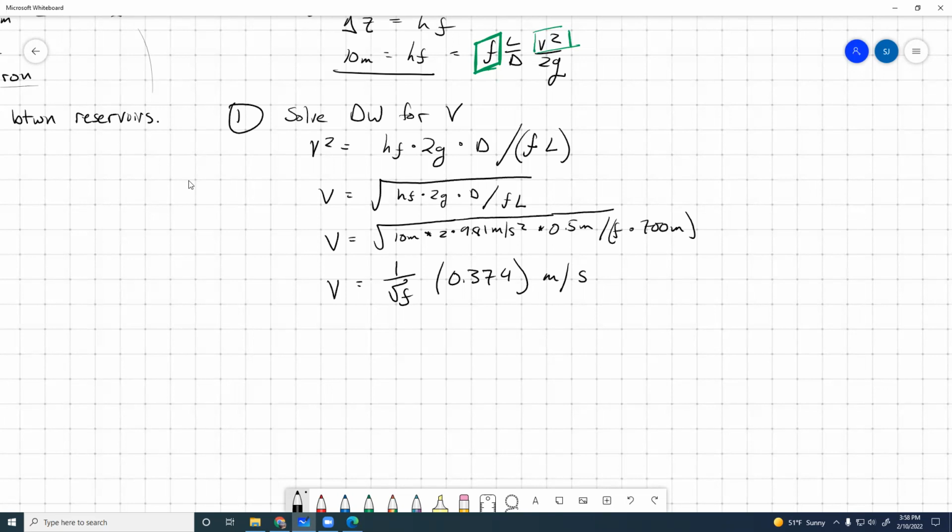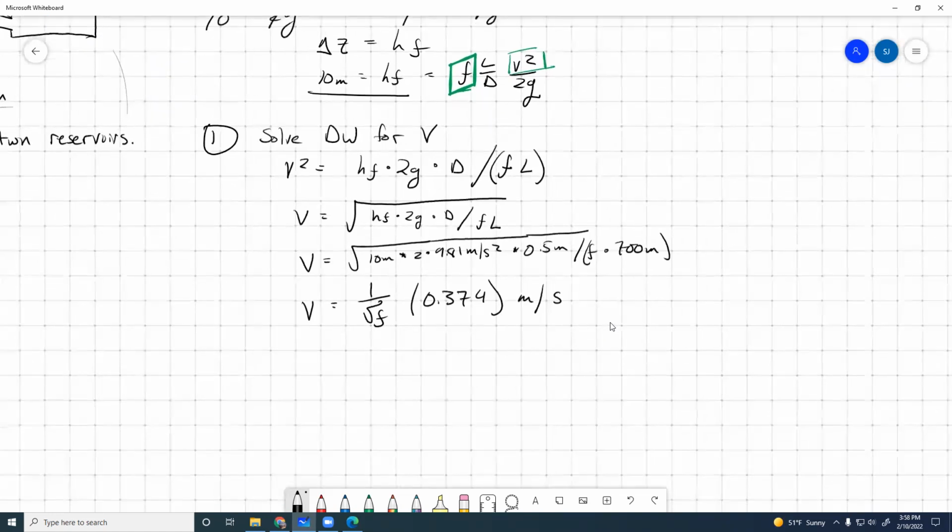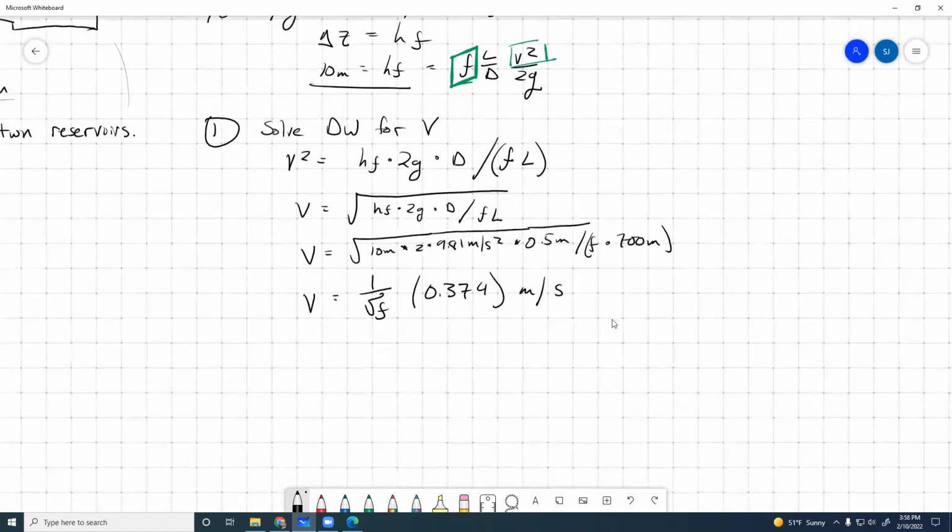Okay, so what's going to be our second equation? What else are we going to use in this problem? Reynolds number. Okay. So we're going to use the Reynolds number equation, solved in terms of velocity.